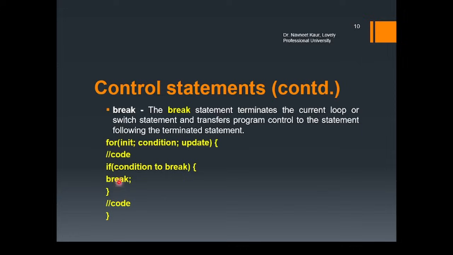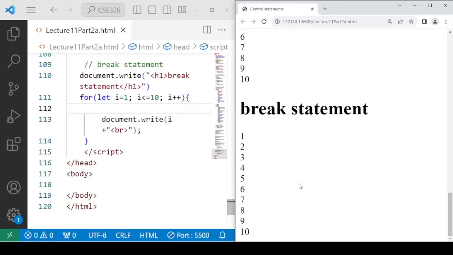So if you write if the value double equals 5, it will simply exit the loop and will not print any value further. Let's check this with the help of an example. Right now it's printing all the 10 values. We need to exit from the loop when the value becomes 5, so only the first 4 values should be printed.